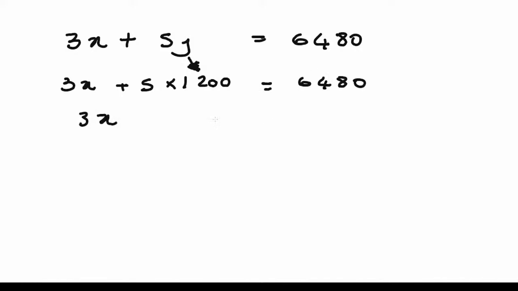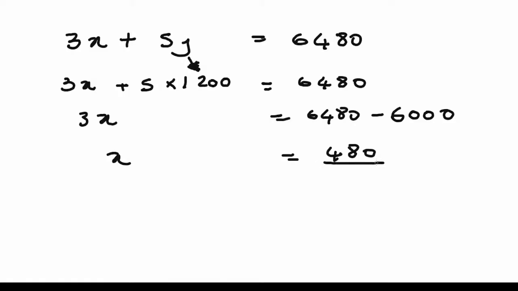So 3x is equal to 6,480. 5 times 1,200 is 6,000. So plus 6,000 goes to the other side. It's minus 6,000. Right? So x is equal to 480 divided by 3. So x is equal to 160.